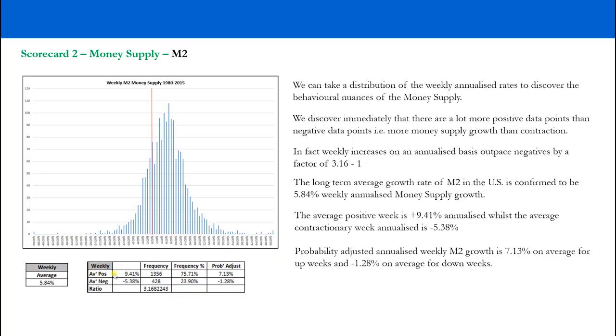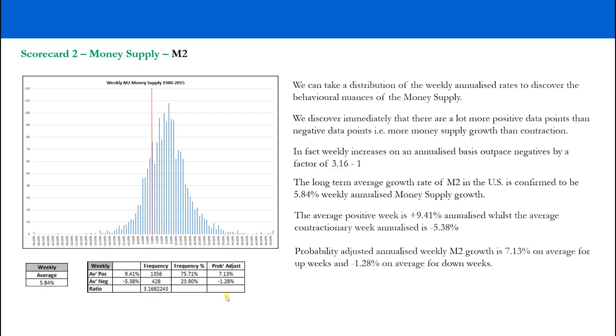So in a positive week, the average move is 9.41%. In a negative week, the average move is minus 5.38%. And remember, these are all annualized weekly moves. The frequency of up weeks is 1,356, which is 75% of the time. And the frequency of negative weeks is 23.9%.